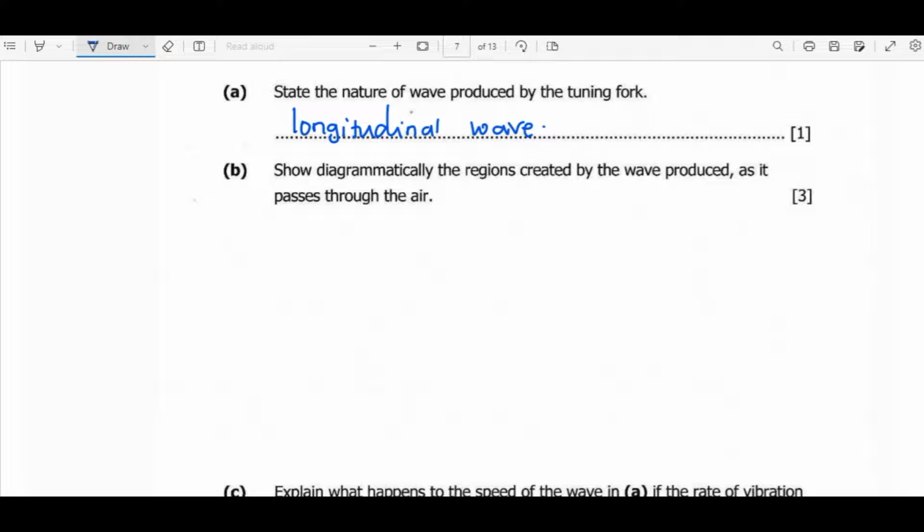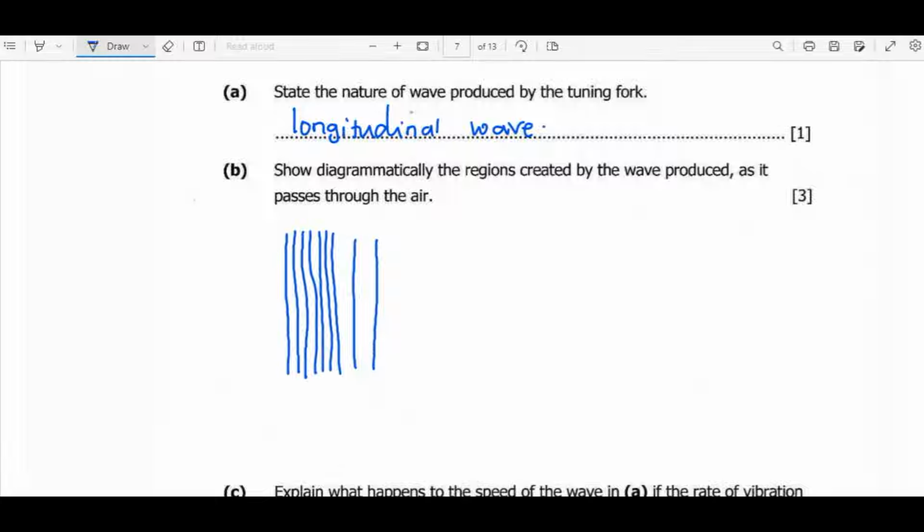So here we just want to draw a longitudinal wave. Under this one, you need to have some of these lines that are compressed. The compression is where these lines are closer to each other. Then from there, we need to have where they are spread out.